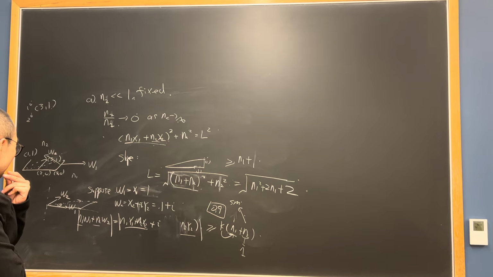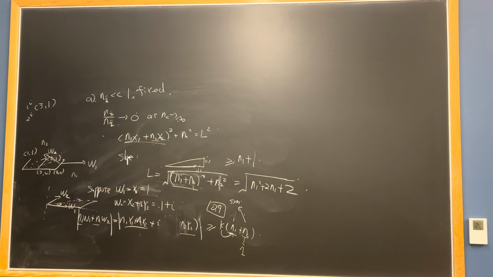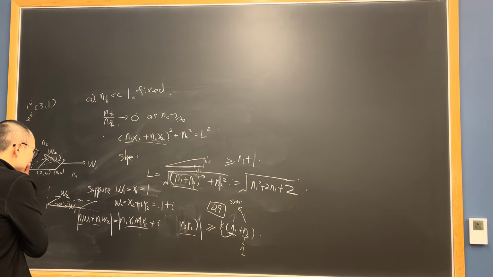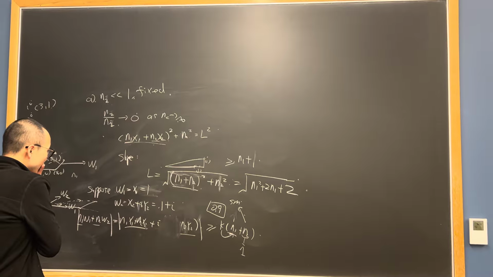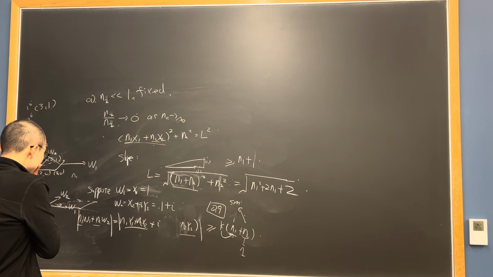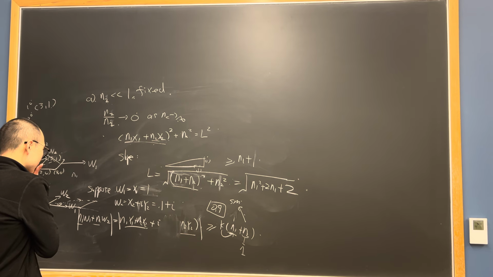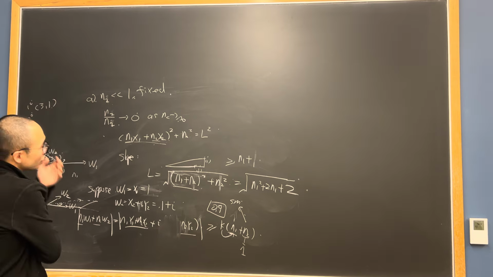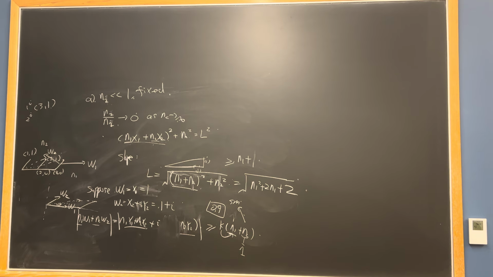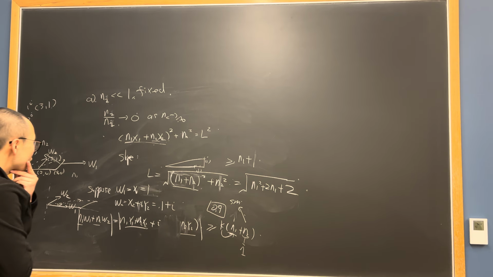Okay, so let's see. Here our assumption is that we are assuming this omega 1 to be just 1, right? So let's just make it... okay, so what happened for the general case?